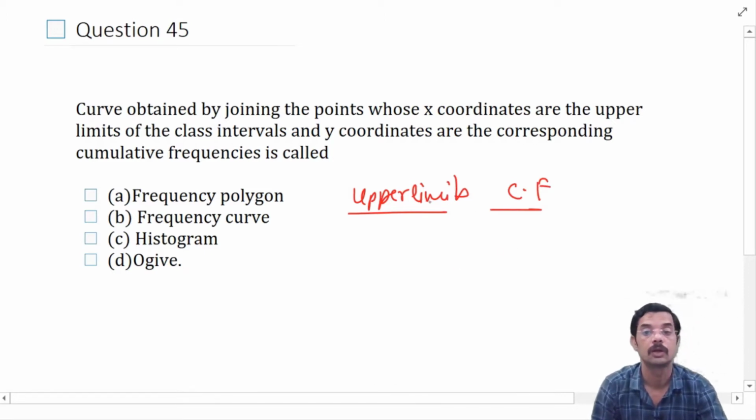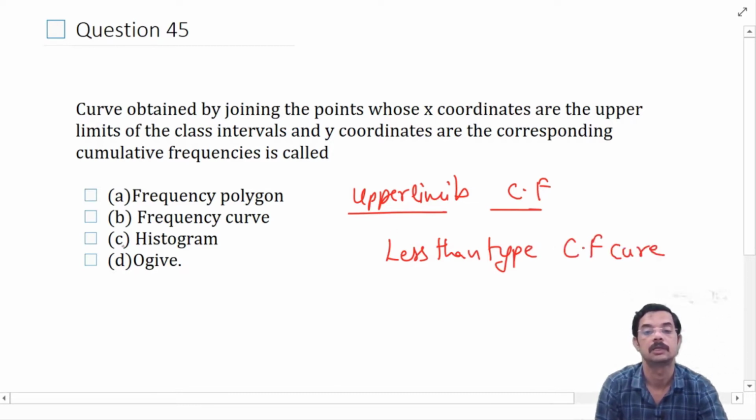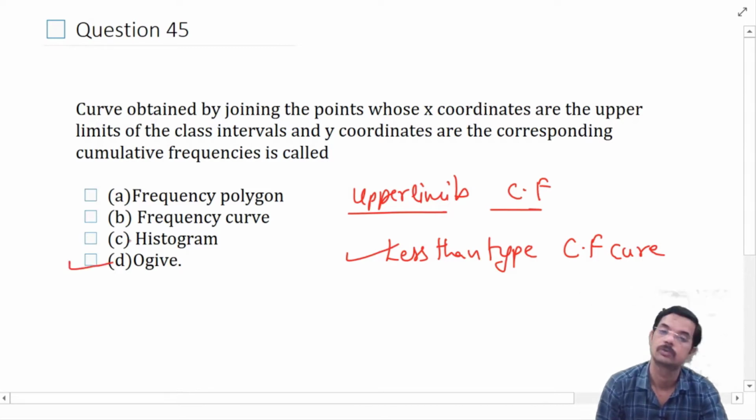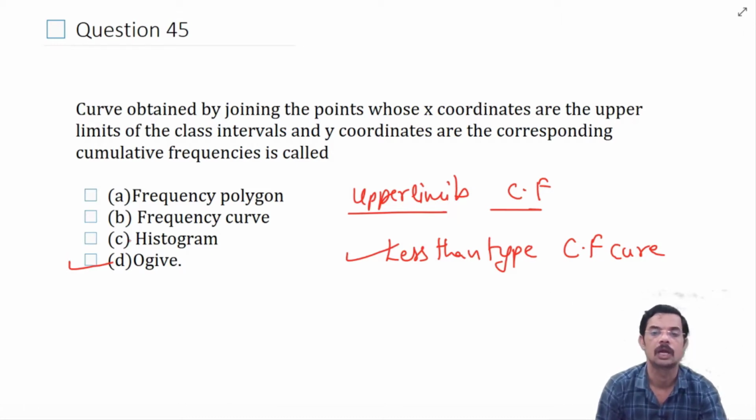It is used for less than type cumulative frequency curve. But here in this case, we are interested in only the name. So exactly it is less than type cumulative frequency curve. Okay. So here a general question is asked, so Ogive. Or else if it is asked less than type, more than type, histogram, frequency polygon, then we need to write down it is less than type cumulative frequency curve.